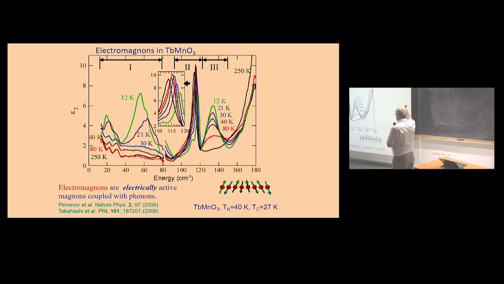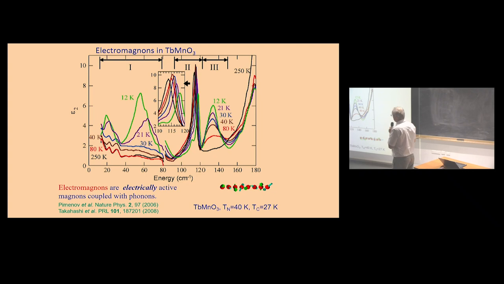But what was also interesting is that in terbium manganite, the same compound, when Pimenov and Takahashi measured infrared and terahertz spectra, they found some phonons at high frequencies, but at low temperatures, some additional absorption appears. Even two peaks are here, and these peaks were explained as electromagnons, electrically active magnons.